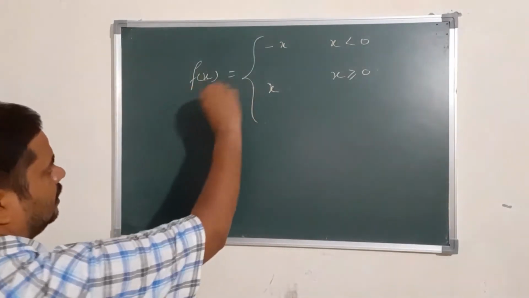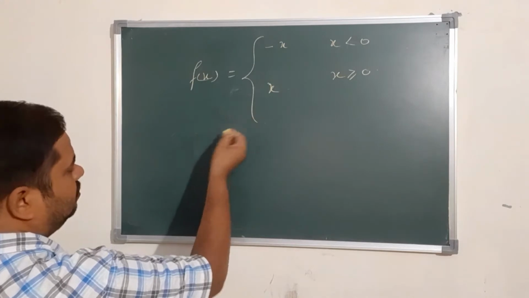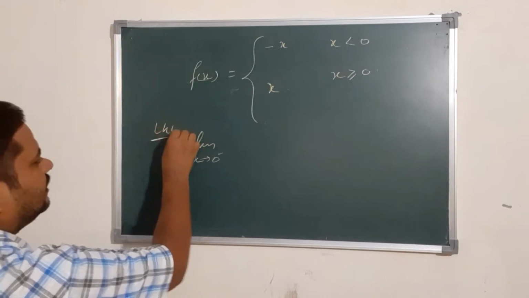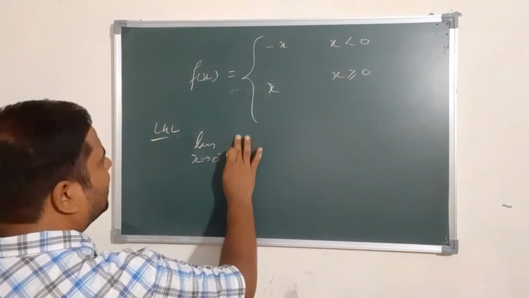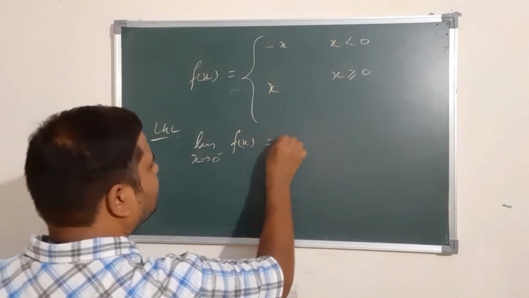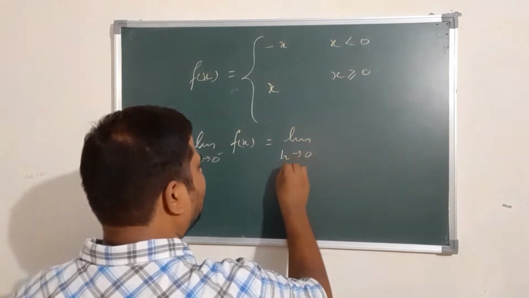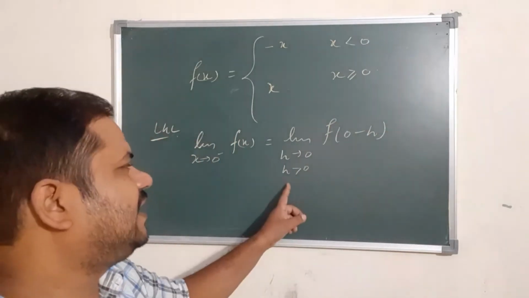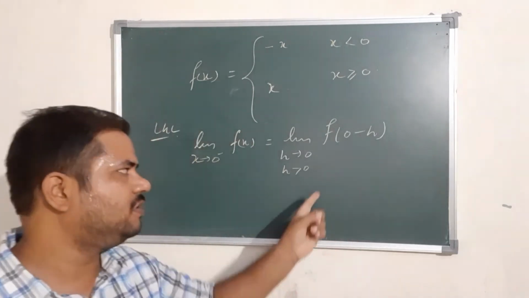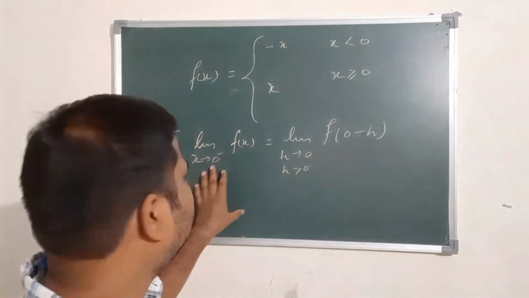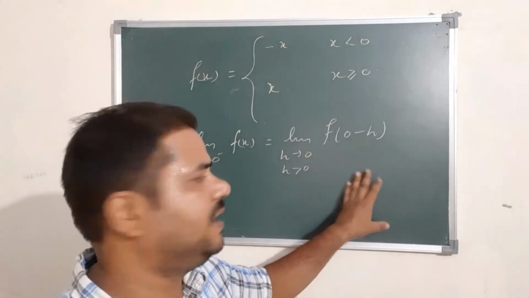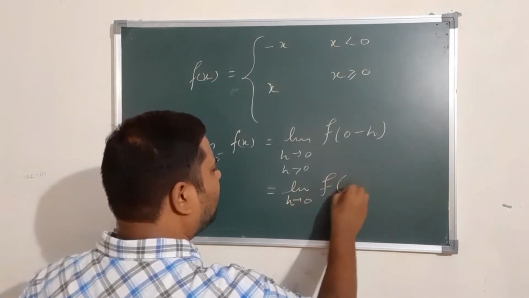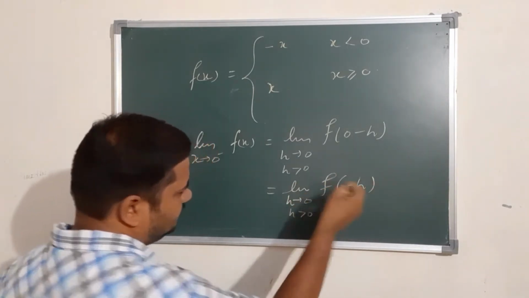Limit x tends to 0 minus is the LHL: limit h tends to 0, h greater than 0, of f(0 minus h), which is f(minus h).